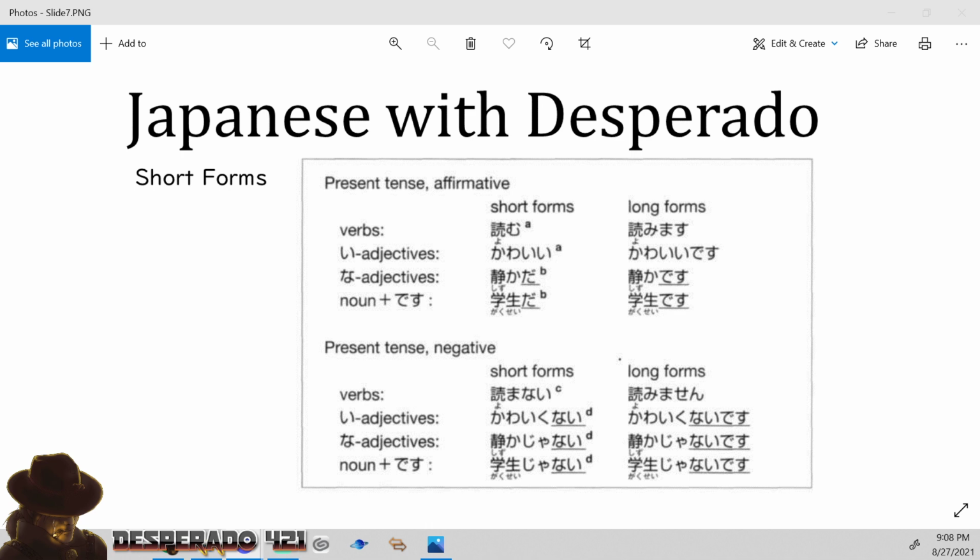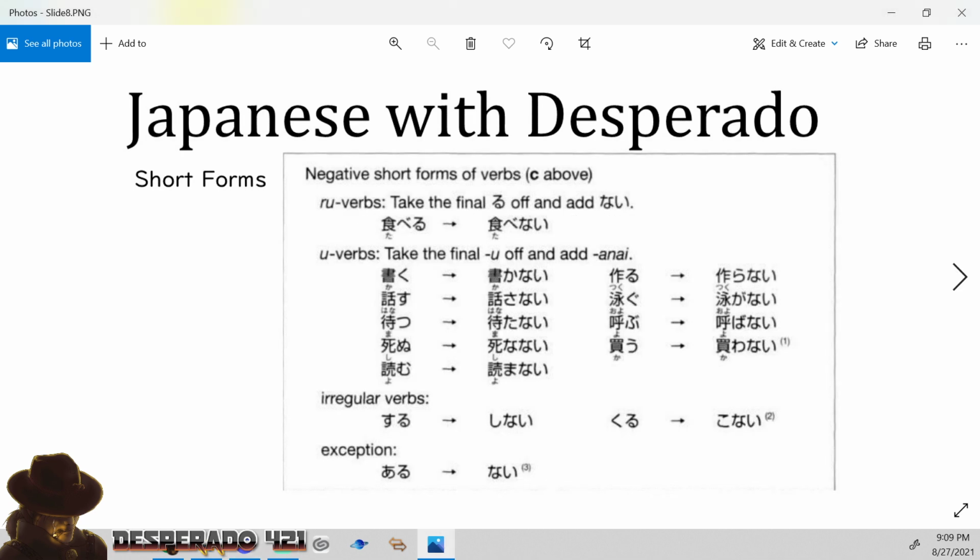The verbs go from the e sound to the a sound. There you go. Thank you. Now we can easily grab that while doing the lesson part. Yep. No problem.